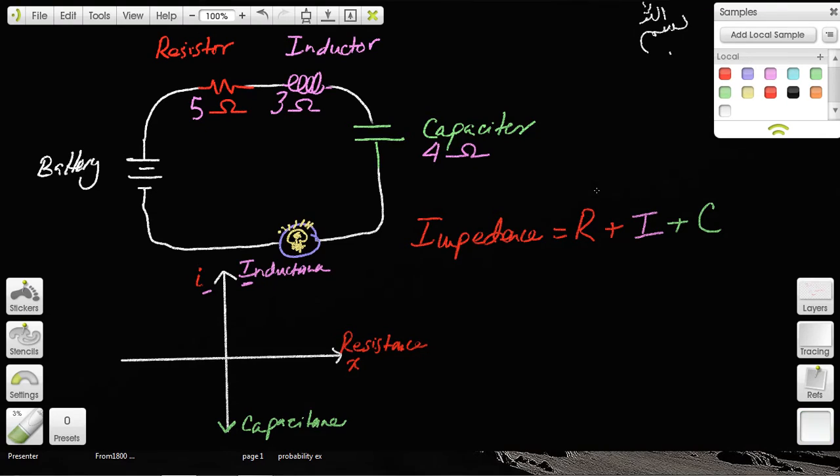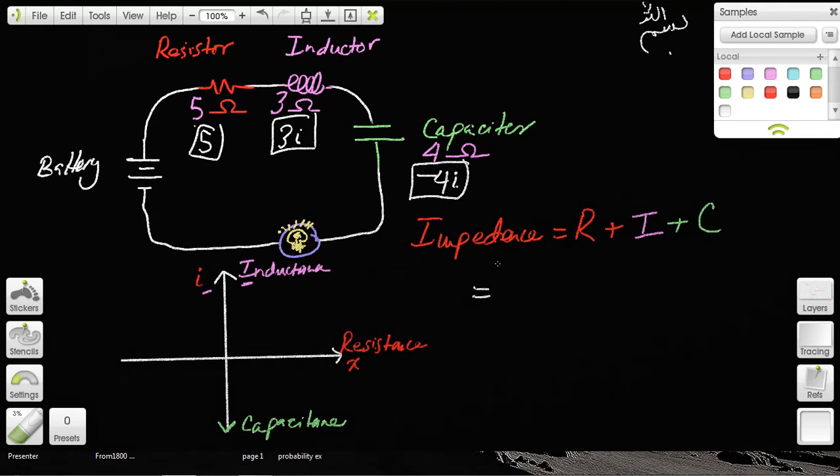So when you say the impedance is the sum of this, it's going to be 5, and the inductance will be 3I, not just 3, because it's a vector. It's in this direction, and capacitance is going to be in this negative direction. It's going to be negative 4I because it's a vector.